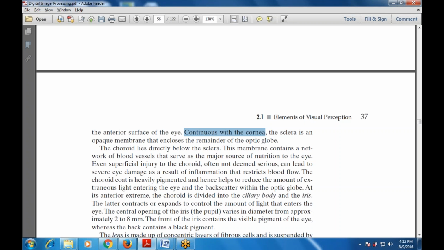The central opening of the iris is the pupil, which varies in diameter from approximately 2 to 8 mm. The front of the iris contains the visible pigmentation of the eye, whereas the back contains black pigment.